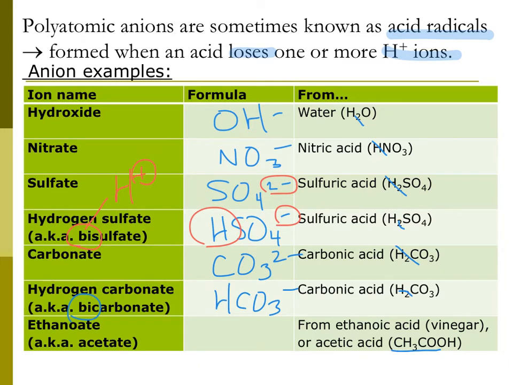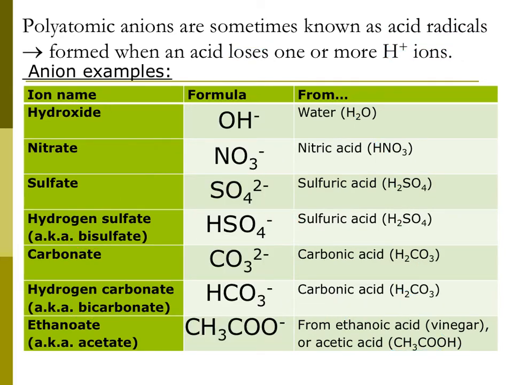The H that would be lost would be the one that's on the carboxylic acid functional group, and so that would leave behind our C2H3O2 minus, the version that you knew from Things to Know and Love, or you could keep it written out long ways as CH3COO minus for your organic chapters. So here we basically have our conjugate bases or acid radicals, our common polyatomic ions that came from acids.